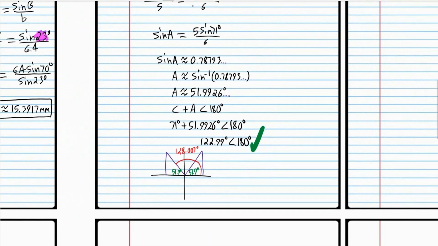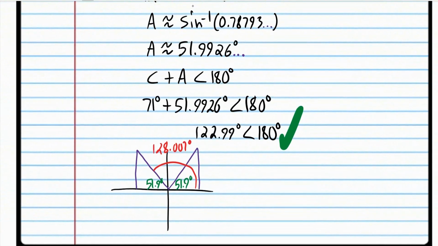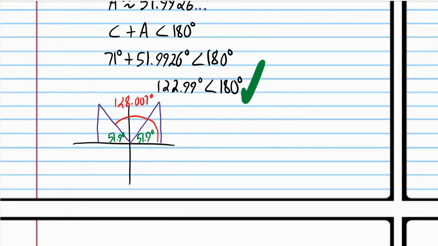So if we add that red angle to C, we need to see what we get. So let's add that red angle, 128.007 degrees plus 71 degrees.